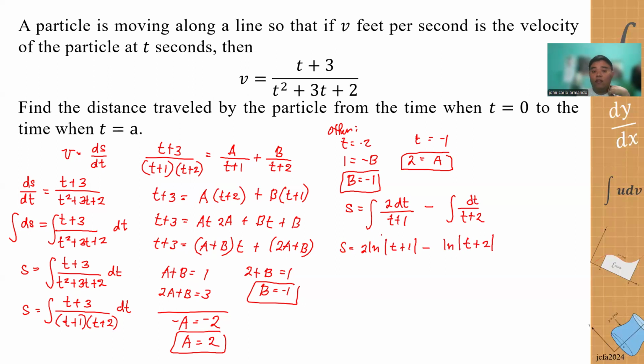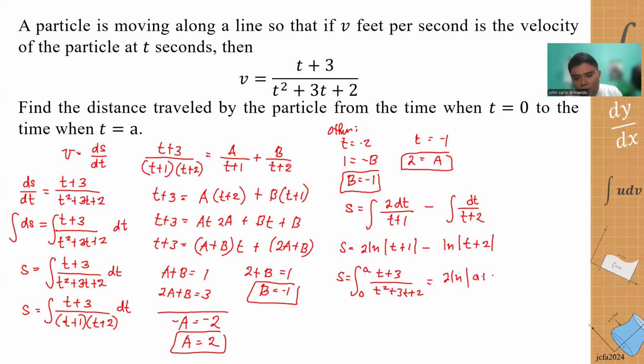But we are going to get the distance traveled when t is 0 to t equals a. That is the definite integral. Okay? And that means we have to compute from 0 to a of the integral of t plus 3 divided by t squared plus 3t plus 2. And simply we substitute a here. So 2 ln, we just replace t by a.